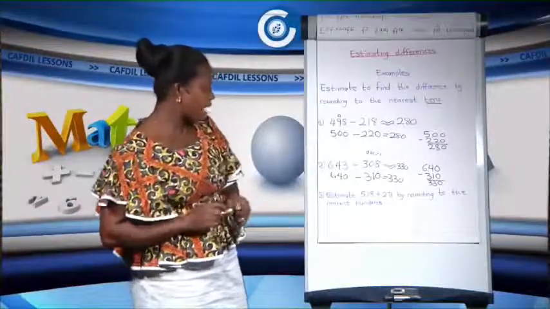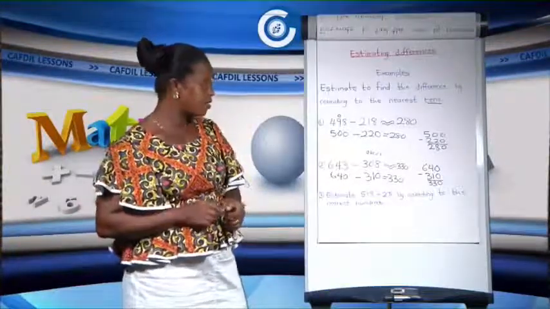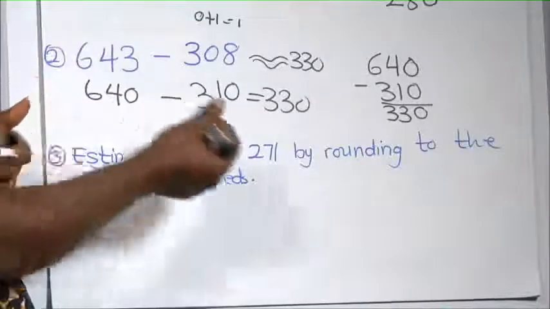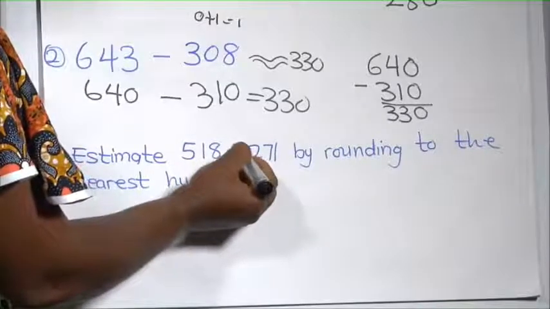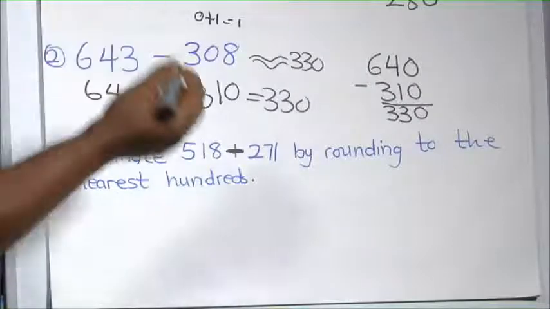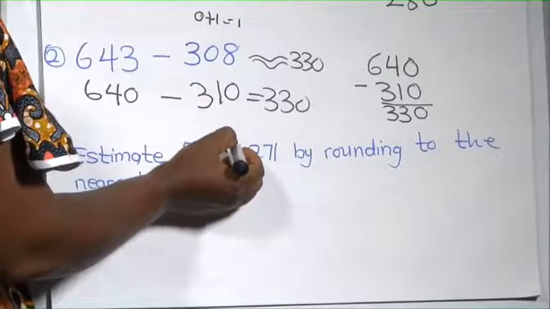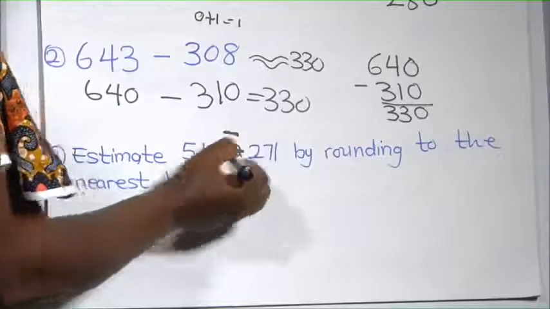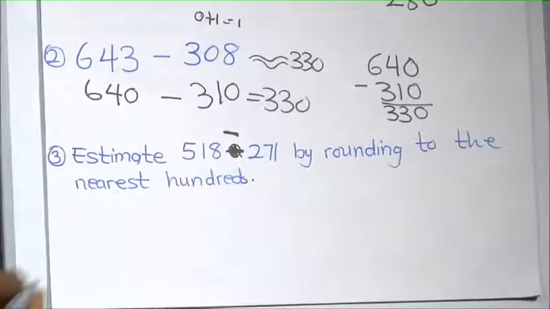Now, our last example. Estimate 518 minus 271 by rounding to the nearest hundreds.